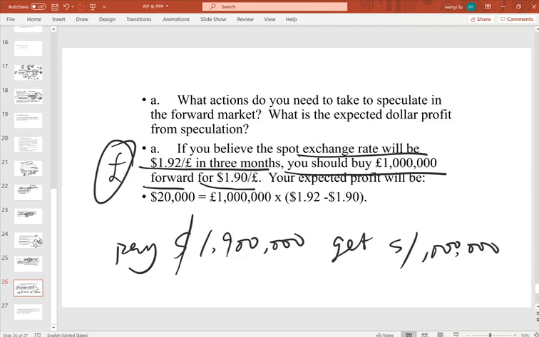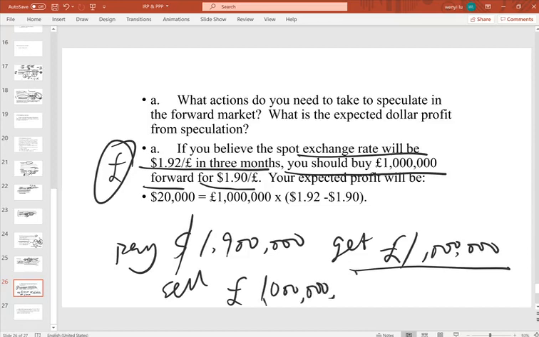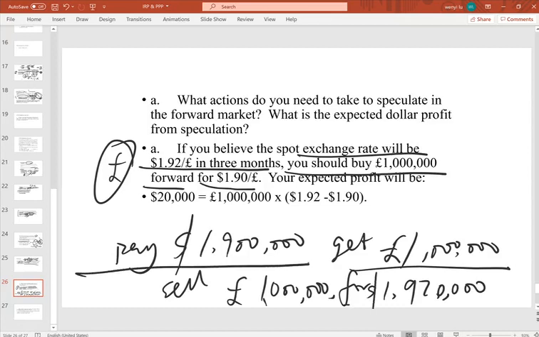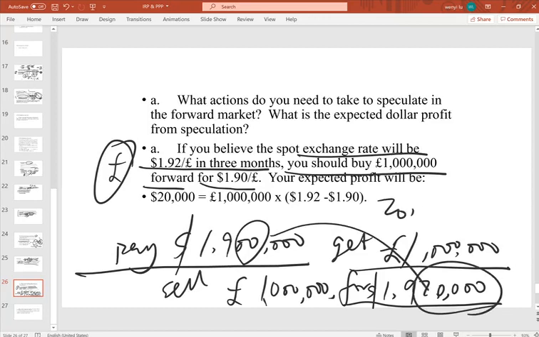If you sign this contract, then you can immediately sell this 1 million pound to the market, based on analysis, for $1.92 million. You pay this amount, but you get 1.92 million. The difference will be 20,000 dollars. That's your net profit if you bought this forward contract.